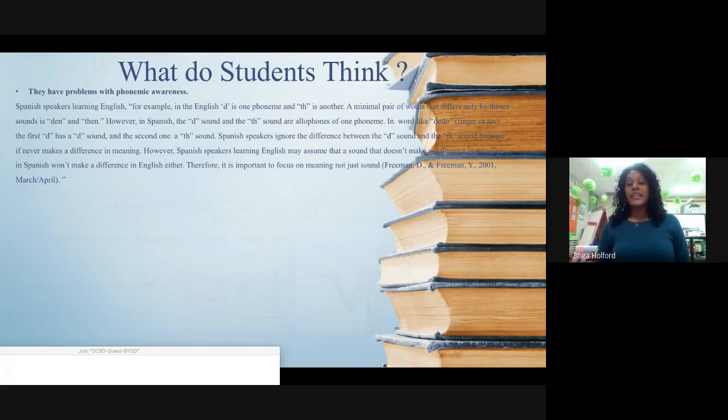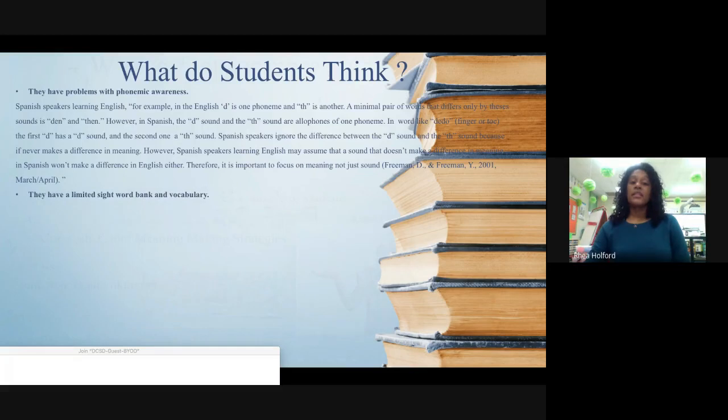In a word like dedito, finger or toe, the first D has a D sound and the second one has a th sound. Spanish speakers ignore the difference between the D sound and the th sound because it never makes a difference in meaning. However, Spanish speakers learning English may assume that a sound that doesn't make a difference in meaning in Spanish won't make a difference in English either. Therefore, it is important to focus on meaning, not just the sound.